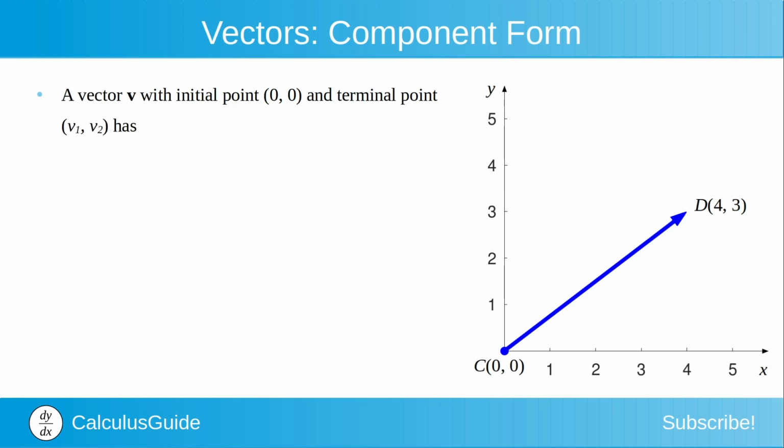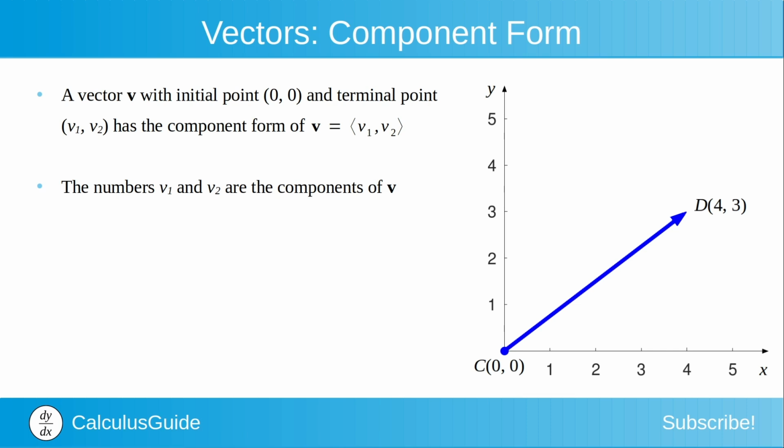A vector v with initial point 0, 0 and terminal point v1, v2 has the component form: v is equal to left angle bracket v1, comma, v2, right angle bracket. The numbers v1 and v2 are the components of the vector v.